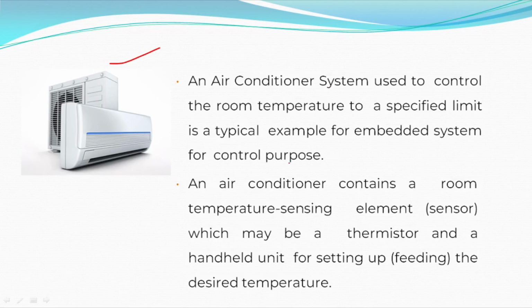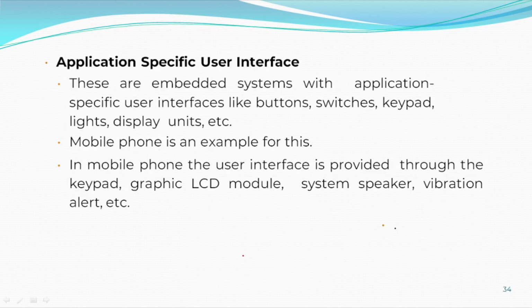Now if you consider room temperature, to measure that there will be some sensors, or it could be a thermistor. Thermistors are nothing but resistors whose resistance value changes as per the temperature. And then a handheld unit is used for setting up the desired temperature. Handheld unit here refers to your remote control through which you are setting up the required temperature.